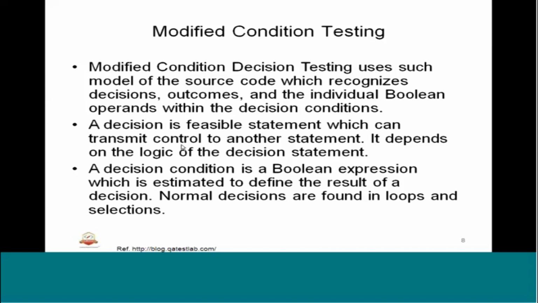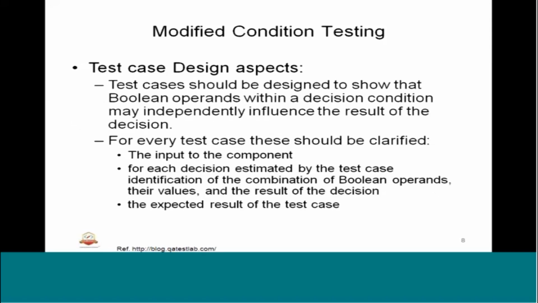At the end of the loop we expect a result as per the specification, and we can achieve it with the help of values driven within the Boolean expression part of the decision conditions. That is how modified condition testing is taken care of. Maybe we will touch base on modified condition decision coverage in detail with respect to the DO-178B process followed in the aerospace industry.